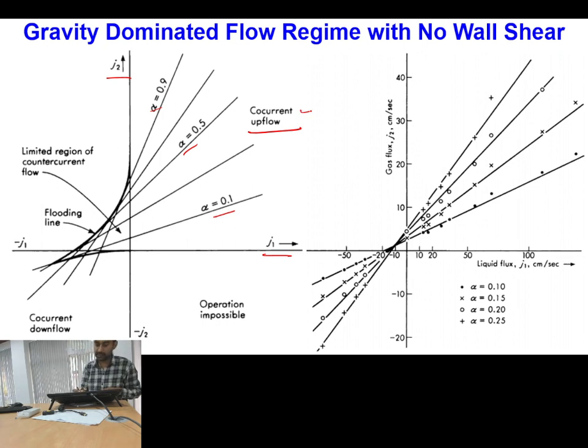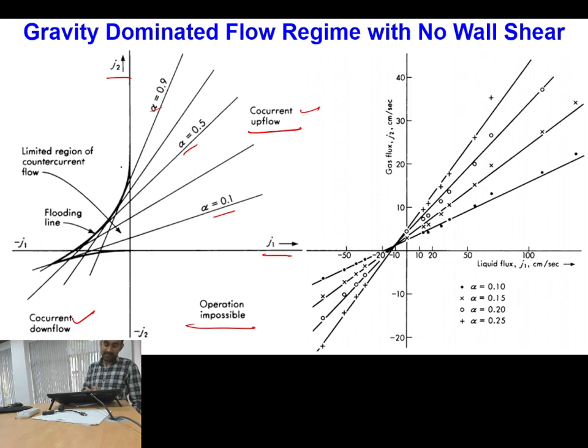So this is co-current upflow, this is co-current downflow. If I have J1 positive and J2 down, it means liquid above and gas down under gravity dominant conditions, that will not be existing. So here operation is impossible. In the fourth quadrant operation is impossible.